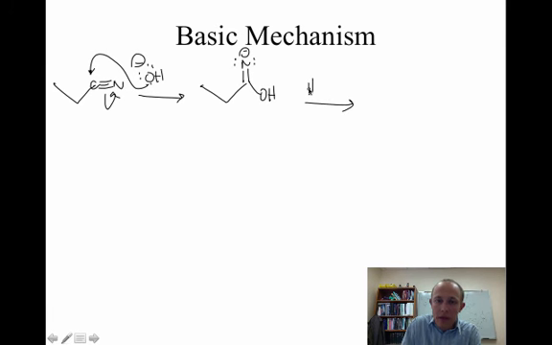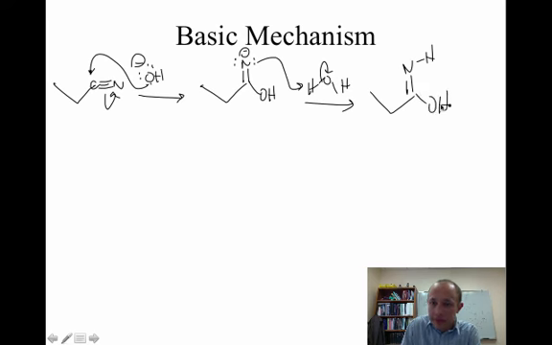In the presence of water, which is our source of protons in this case, we protonate the nitrogen to give this guy. Now this guy can undergo deprotonation under our basic conditions with our hydroxide, which gives us this thing.